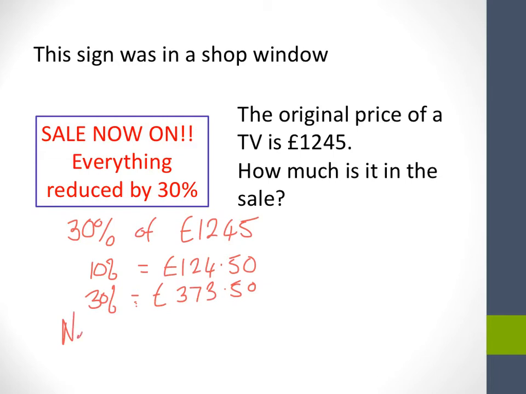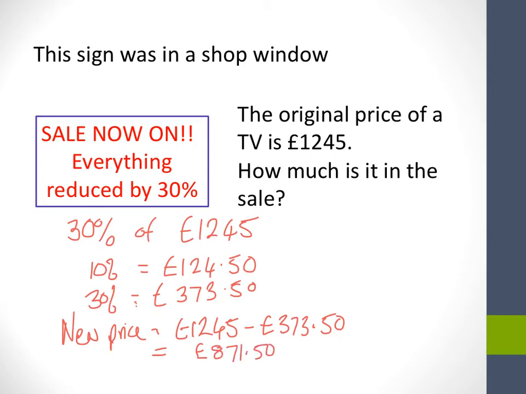So the new price, the sale price, to work that out, we need to take how much it cost before, 1,245, and subtract £373.50. So in the sale, we can say that the television now costs £871.50.